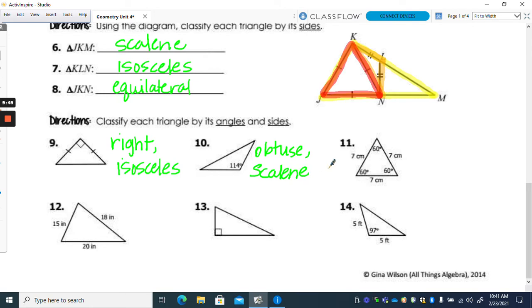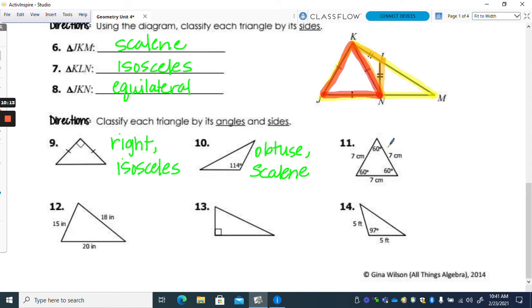Number 11, if I'm classifying it by its angles, it's what? Okay, so I understand what you're saying. All the angles are acute, but they're all the same.